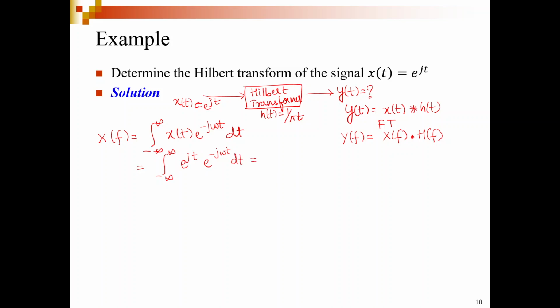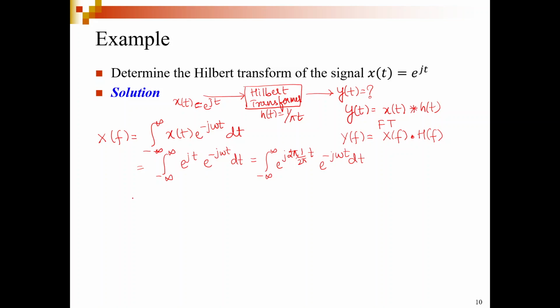I will write this in a different form for my convenience. e to the power jt, I am writing as e to the power j 2 pi into 1 over 2 pi into t, which still keeps the power the same, into e to the power minus j omega t dt.